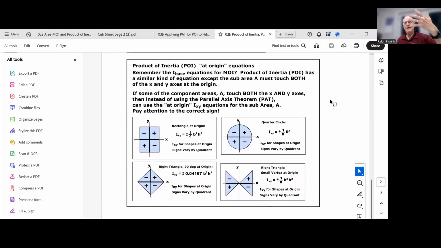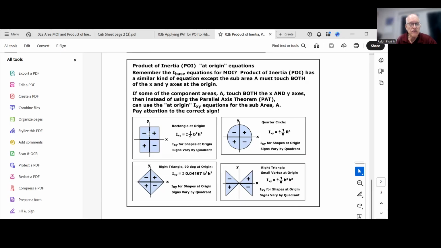And so if you happen to have a rectangle at an origin, or a quarter circle at an origin, or a right triangle at an origin, either one orientation of a right triangle or another, then you can use these formulas directly without using the parallel axis theorem.